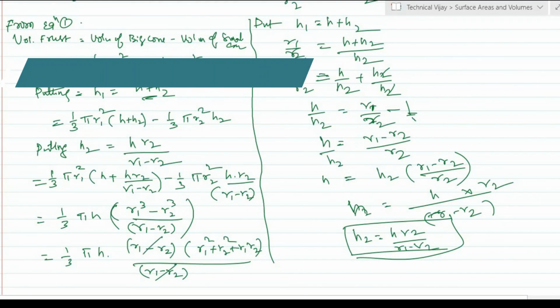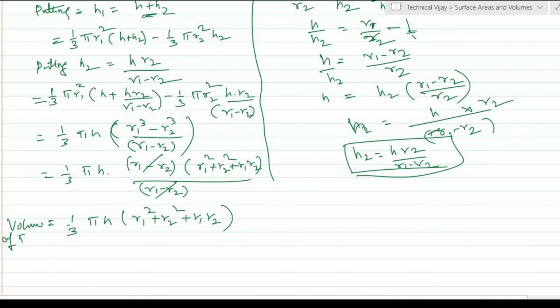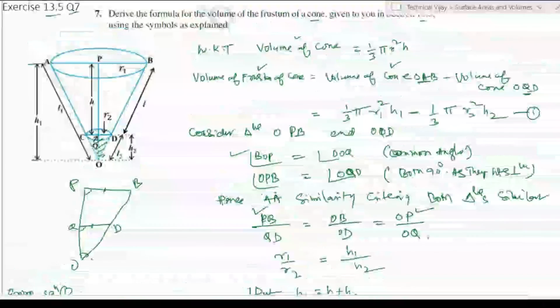This gets cancelled, so the value is 1/3 π H into (R1² plus R2² plus R1 R2). Okay, this is the volume of a frustum.